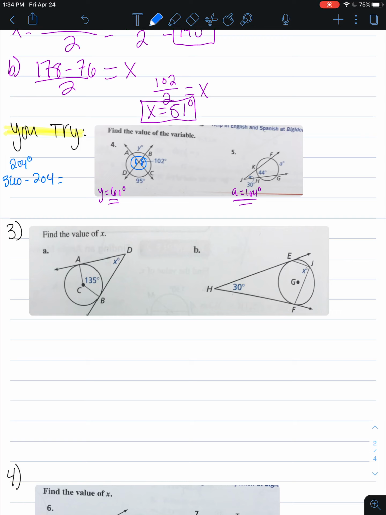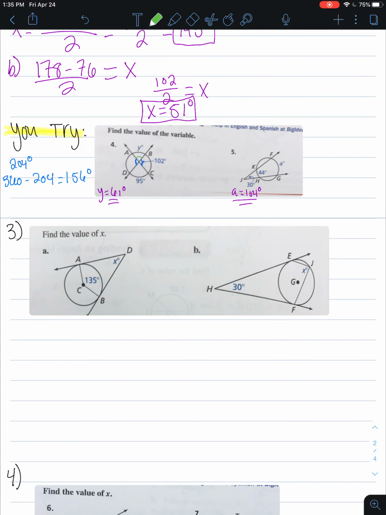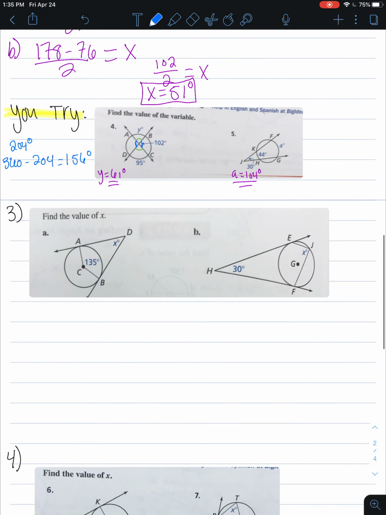So 360 minus 204 would give us 156 degrees. That means this green one plus this green one would be 156 degrees. Those two angles are the same because they're vertical angles, so I could divide it in half to figure out what each one is. 156 divided by 2 is 78. So the green angle is 78 degrees.